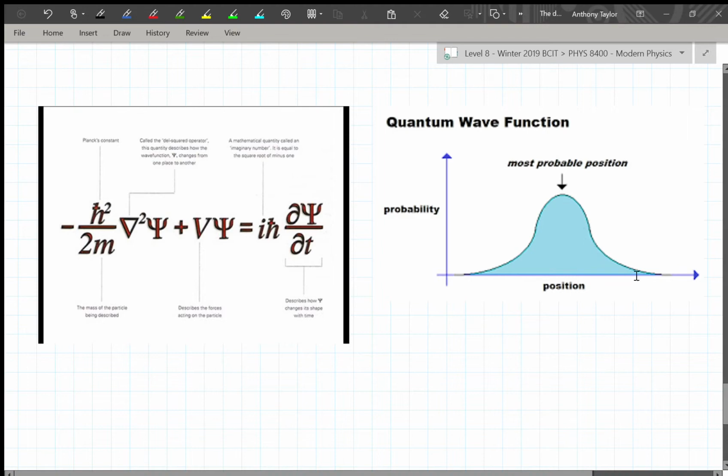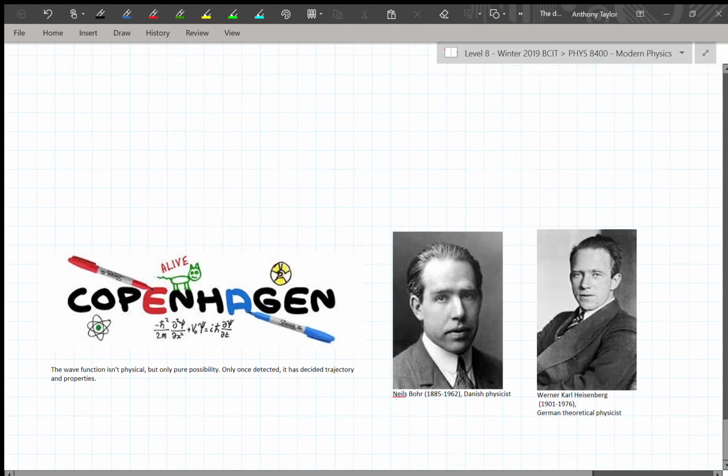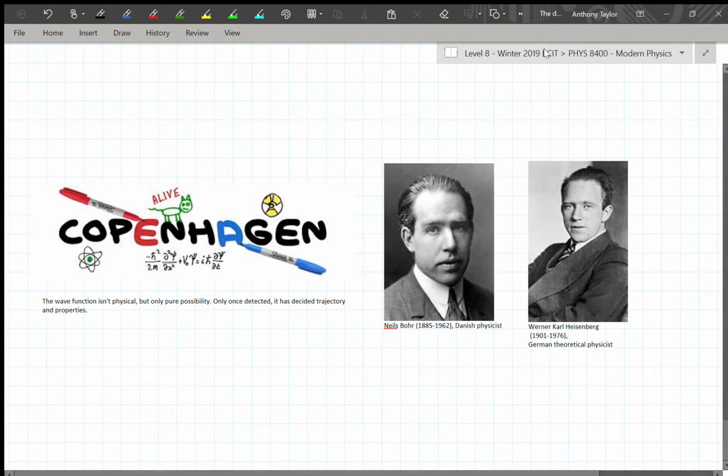And that's kind of what this distribution curve is here. And the two guys that sort of came up with that were, well, this is the Copenhagen interpretation, Danish physicist Niels Bohr and German theoretical physicist Werner Heisenberg came up with this.